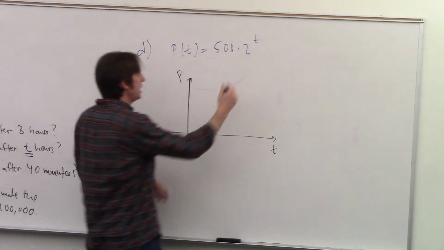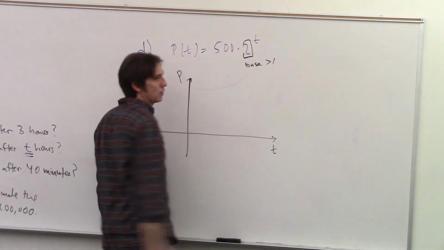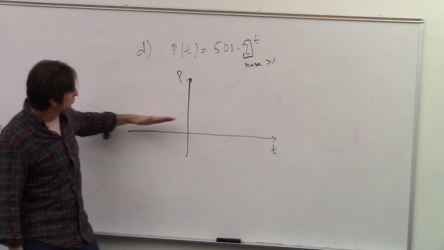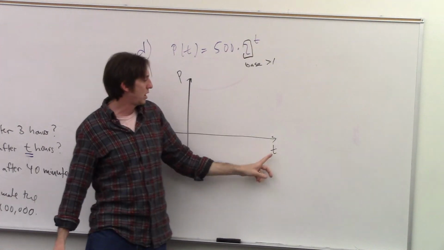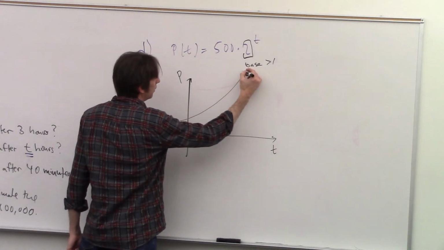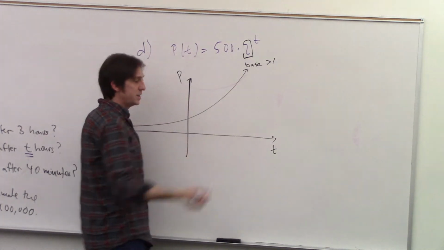As long as the base, 2 here, is greater than 1, you get exponential growth as your independent variable increases. And so here is roughly the shape of 2 to the t.